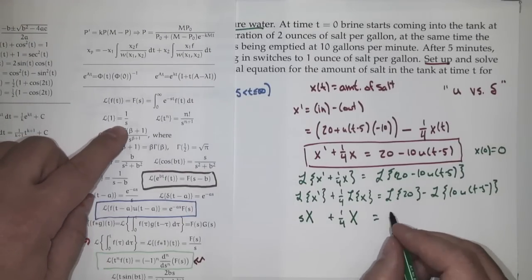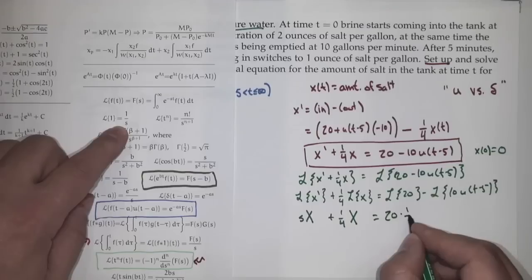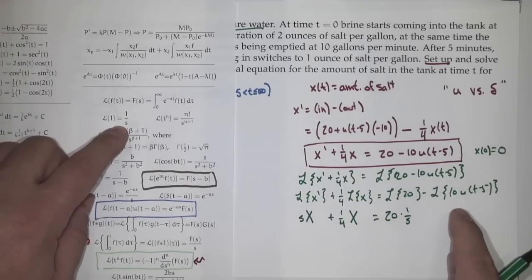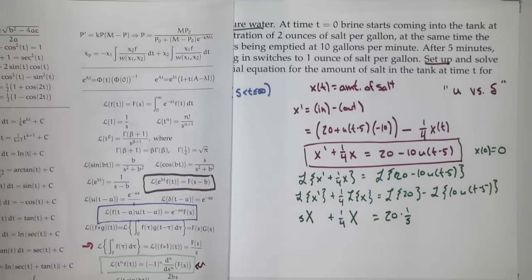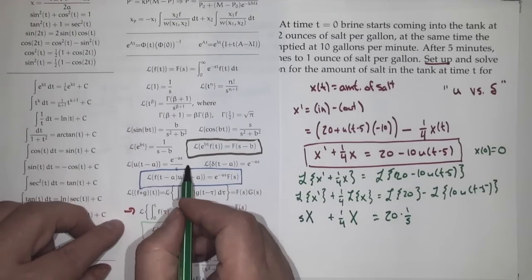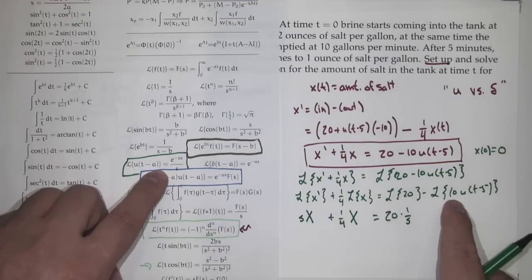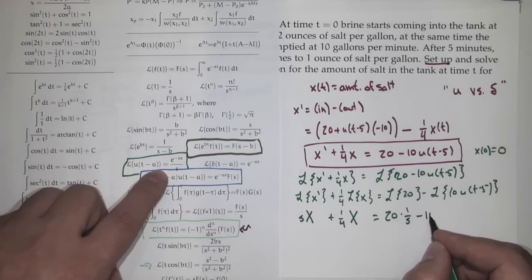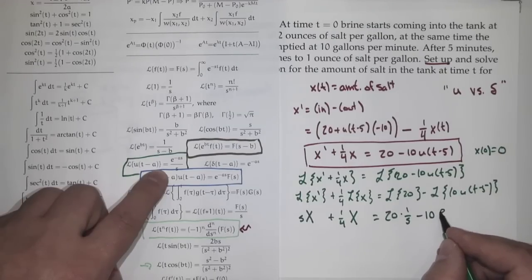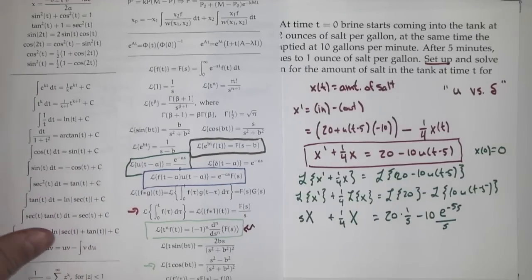We're left with a 1 over s. And then for U of t minus a, that's on our sheet. The 10 is a constant, so we can just use our sheet. So this is minus 10 e to the minus 5s over s.